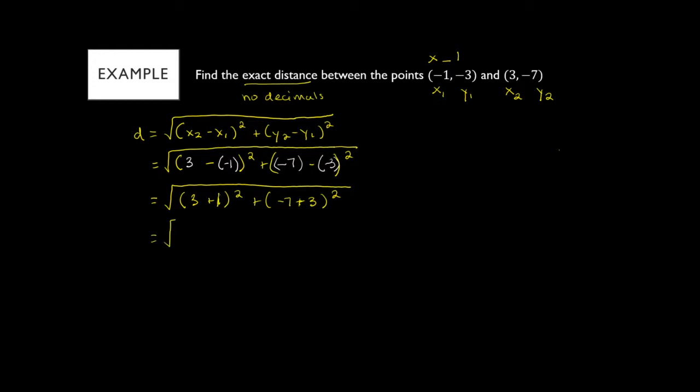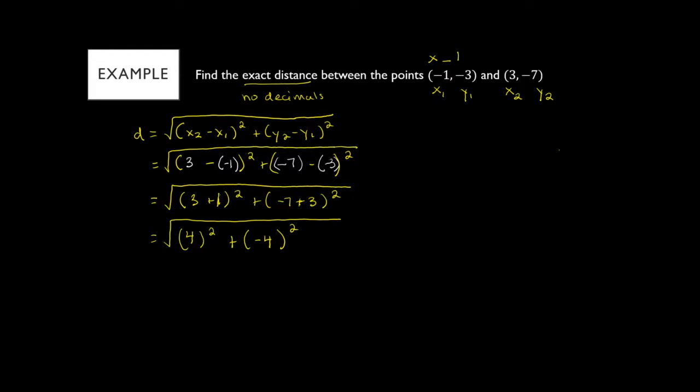So again, now I've got to get my square root. I need to simplify. So 3 plus 1 is 4, so that's 4 squared. -7 plus 3 is -4, so then that's going to be plus -4 squared. The order of operations, we've simplified inside the parentheses.